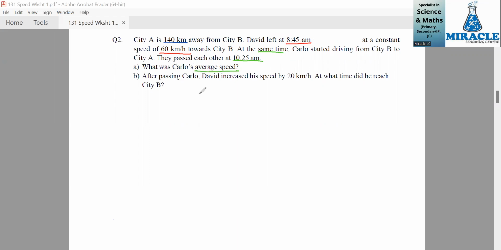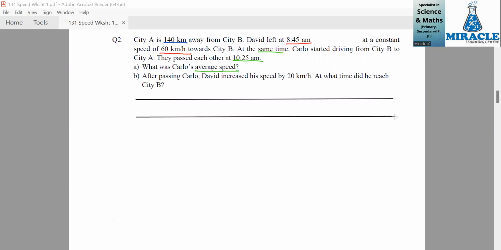Okay, so let's draw out the timeline just to make the question easier to see. So we have City A and City B. We know that David left at 8:45 a.m. towards City B. So this is David.